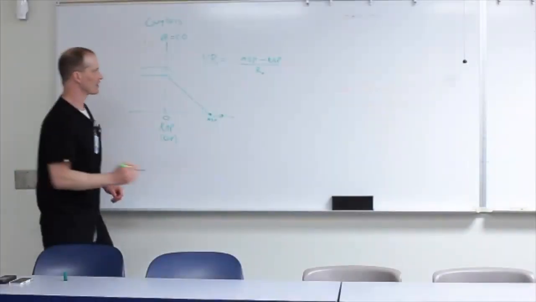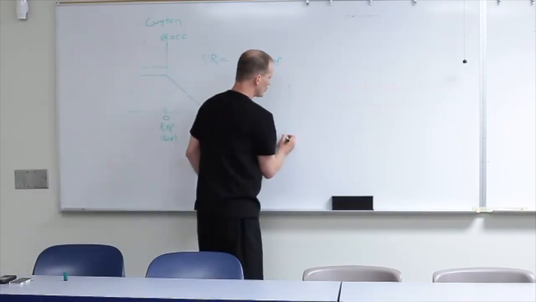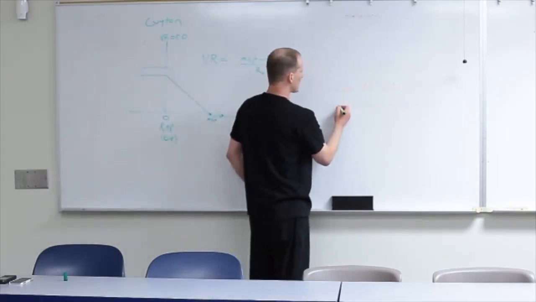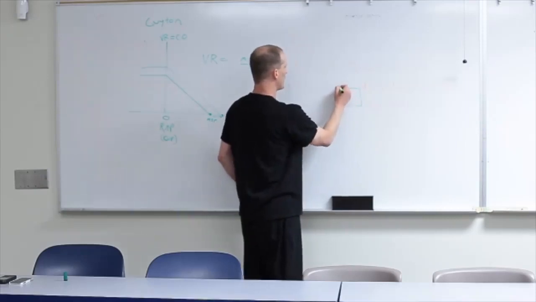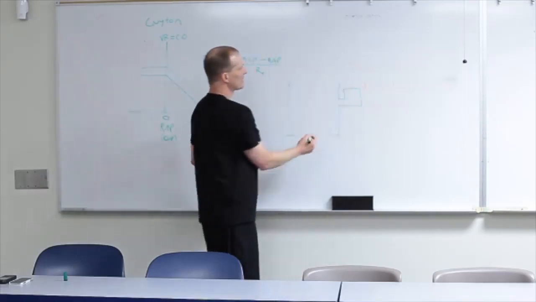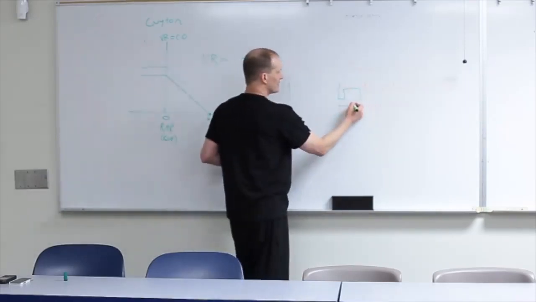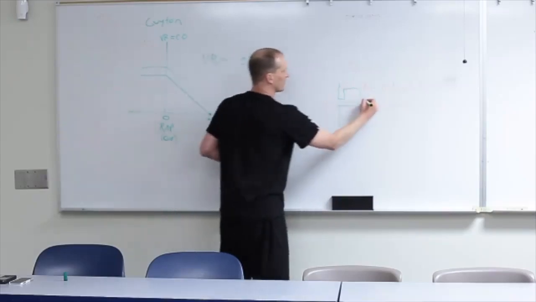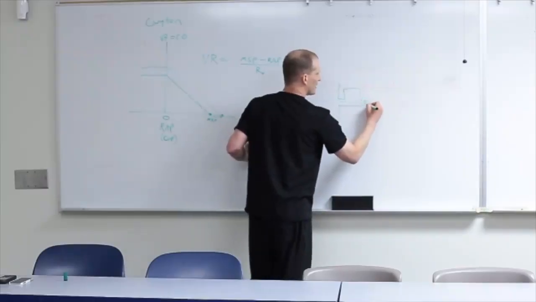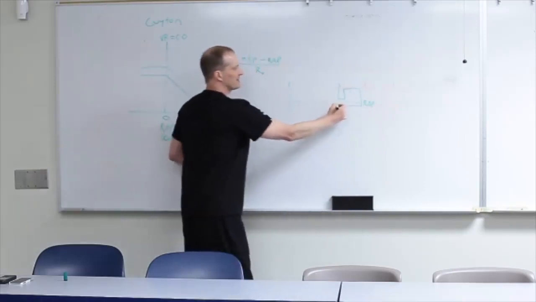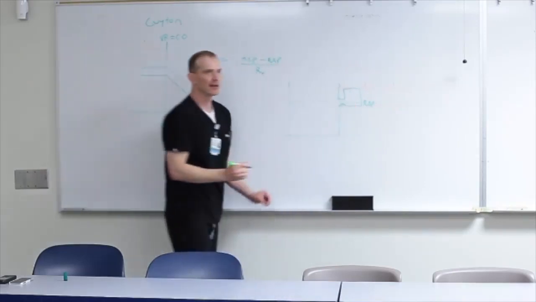Okay, so let me just draw you another picture here that shows you what we're kind of talking about here. And the whole theory about giving fluids. Okay? So here is the right atrial pressure right here. Okay? And here's the IVC. Okay?